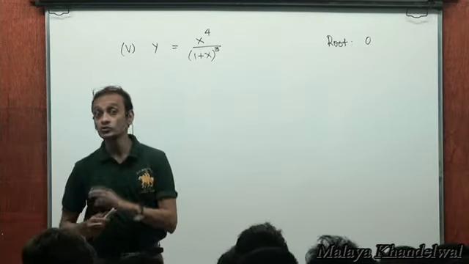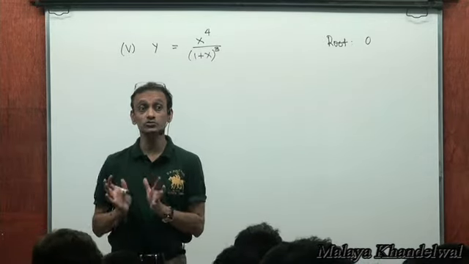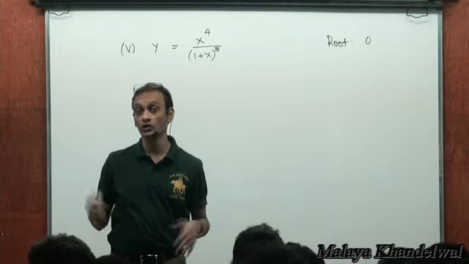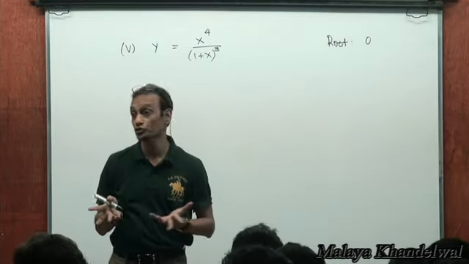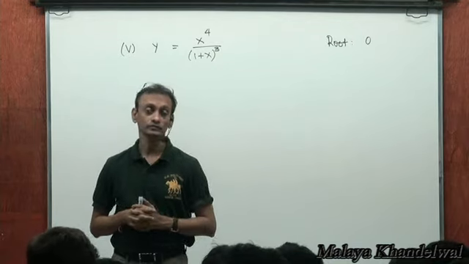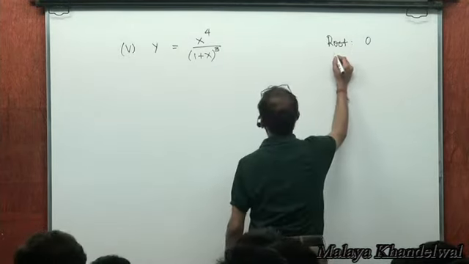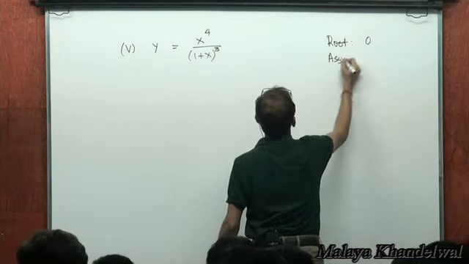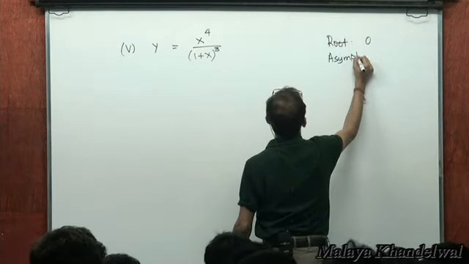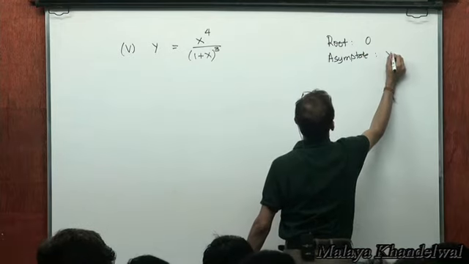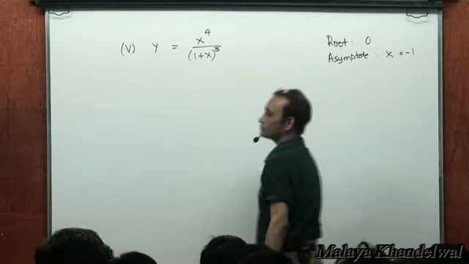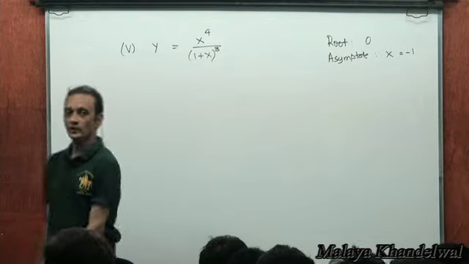So its dy dx must also become 0 at x equal to 0, right? So you are perhaps in for either a local maxima or a local minima at x equal to 0. We'll check that out later, right? Then, do you see an asymptote? X equal to minus 1.